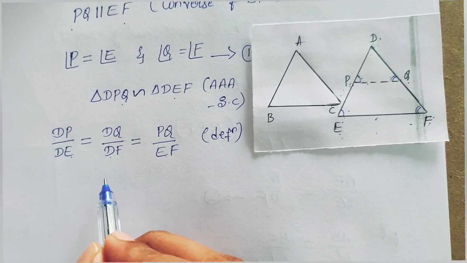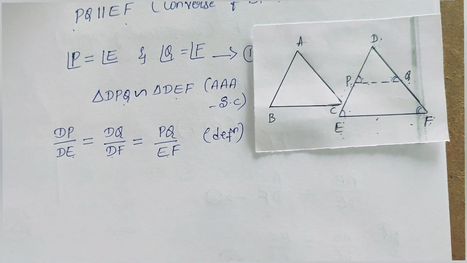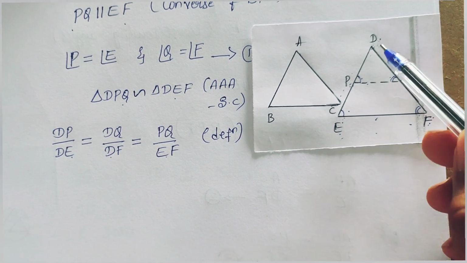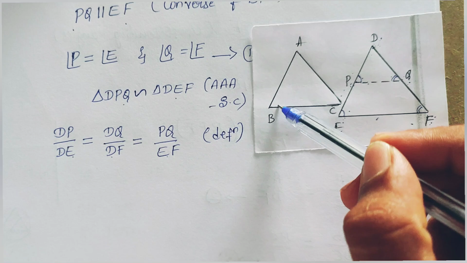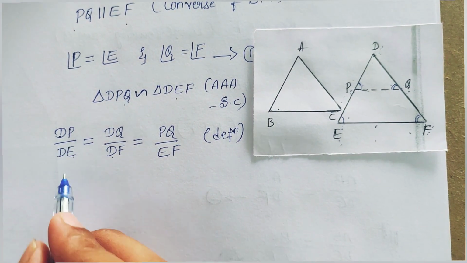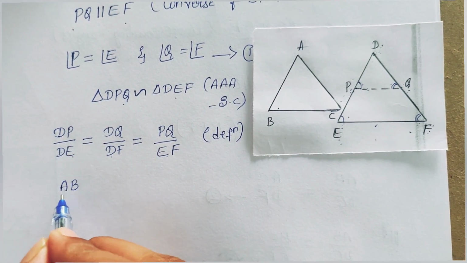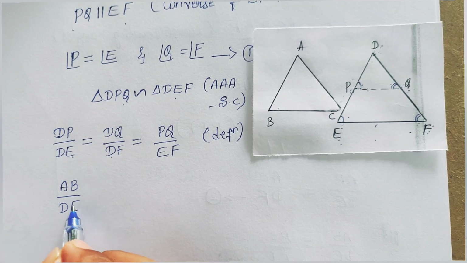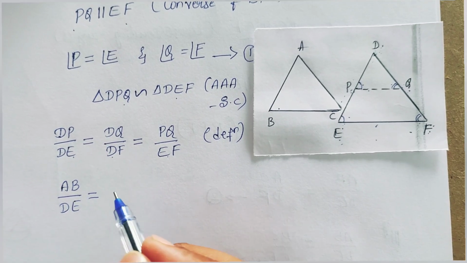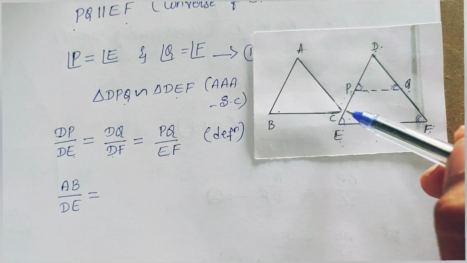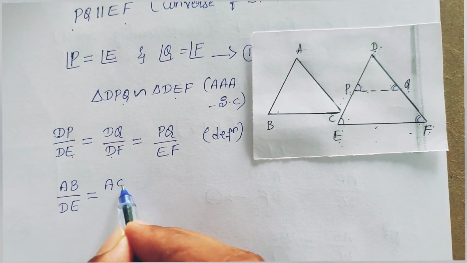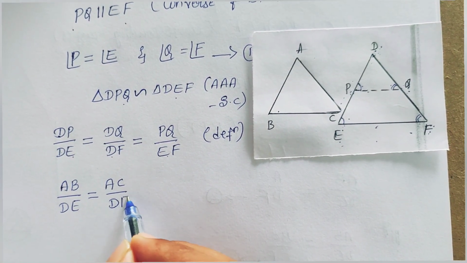Now in the next step, we have to remember the construction. In the construction, the side DP is exactly equal to AB, so I can replace DP by AB. The denominator is the same as above. In place of DQ, I can replace AC by construction. DF stays as it is, and PQ by EF stays as it is.